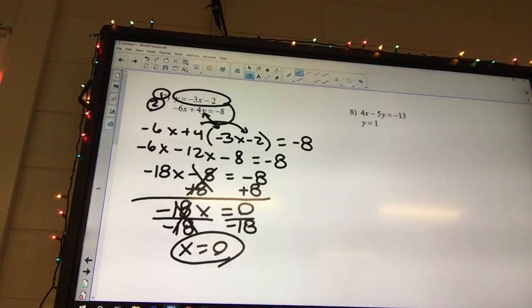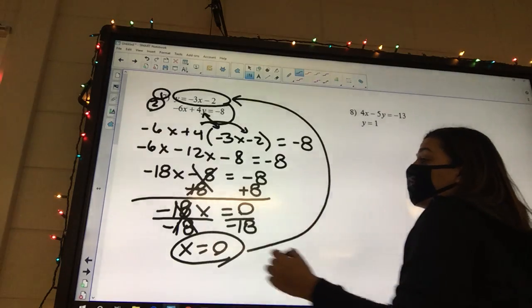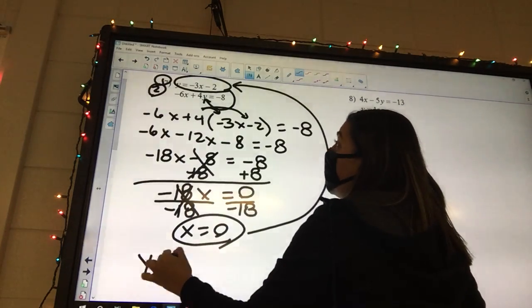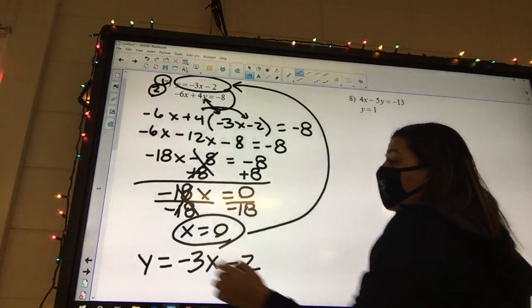Where does x equals 0 get plugged into? Into whatever we got circled way up here. That's y equals negative 3x minus 2.